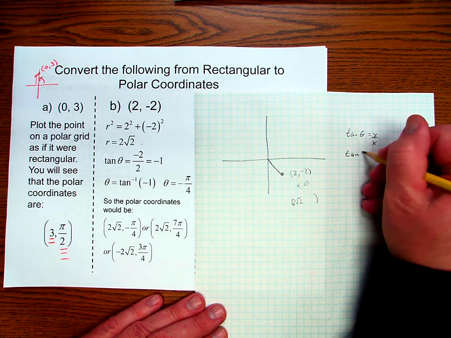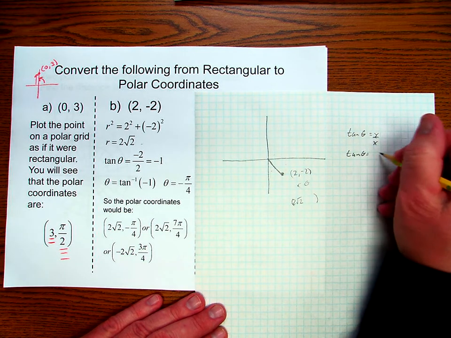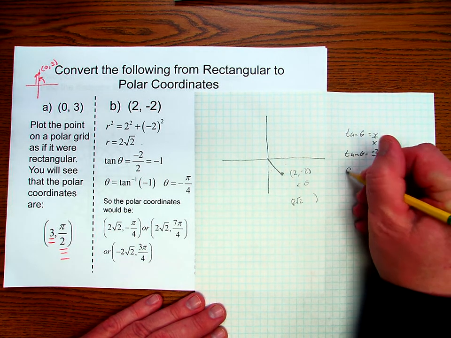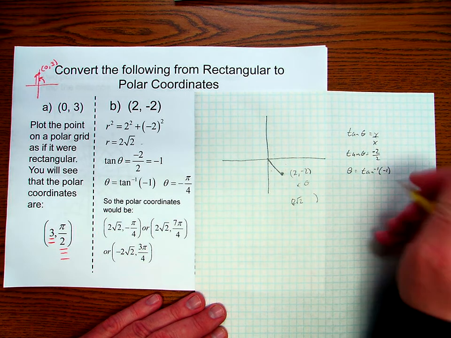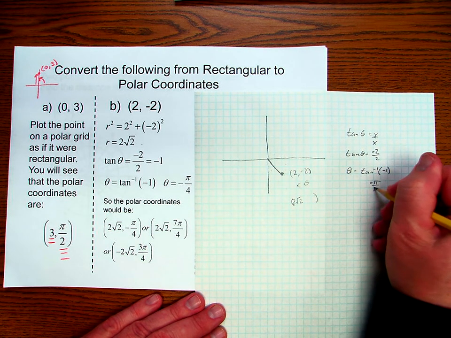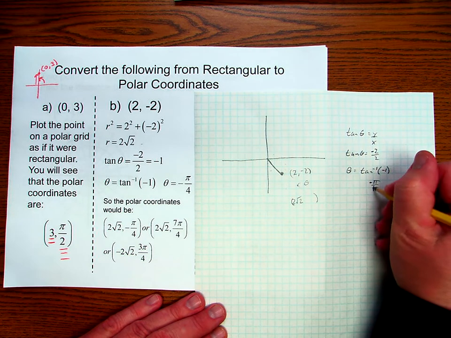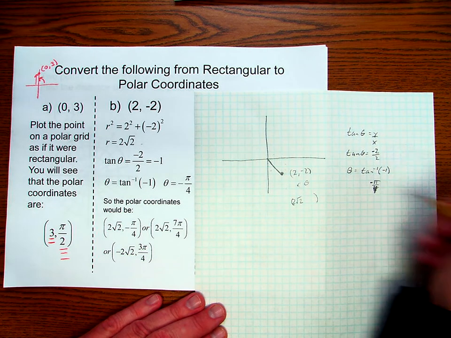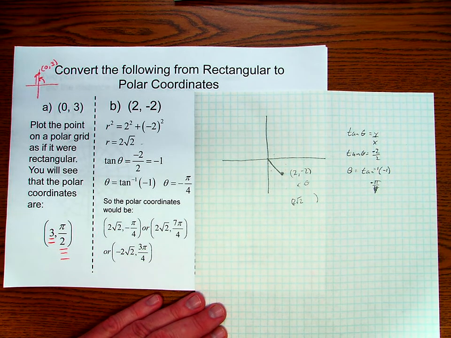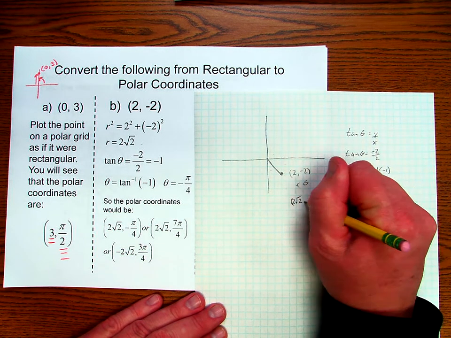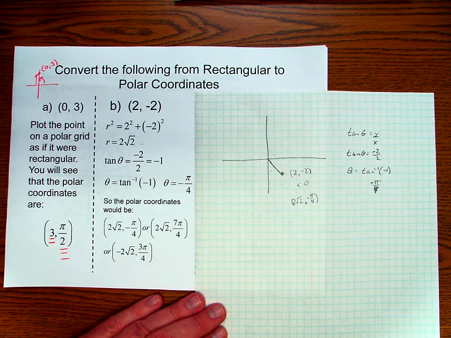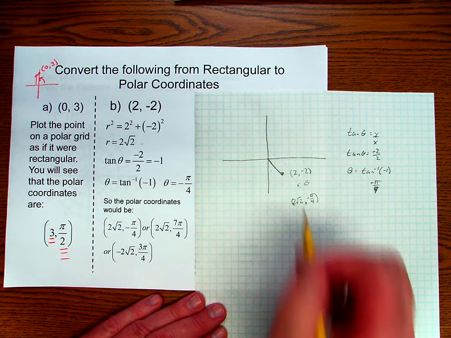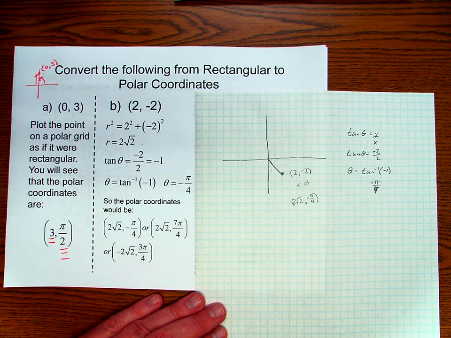So that's the tangent of theta is equal to negative 2 over 2, where theta is the inverse tangent of negative 1, and that's negative pi over 4. Oops, pi over 4. So that would be one way that we could express that point in polar form.